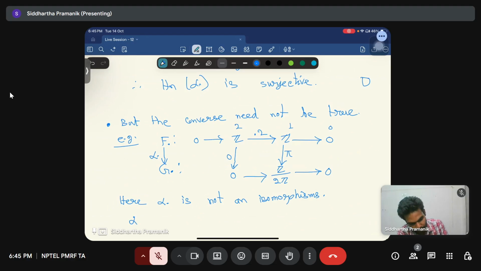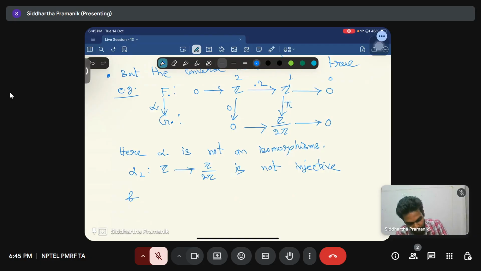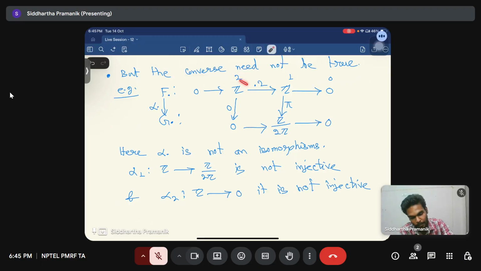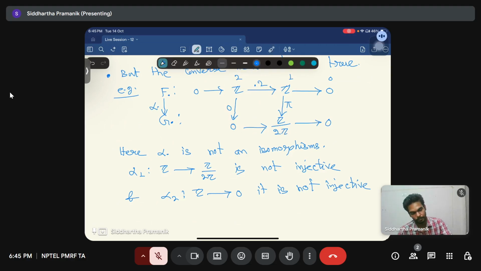Alpha 1 from Z to Z mod 2Z is not injective, because it is the canonical surjection. And if we take alpha 2 from Z to 0, it is not injective. So it is not an isomorphism at both. So this map and this map both are not isomorphism. So this chain map cannot be an isomorphism.